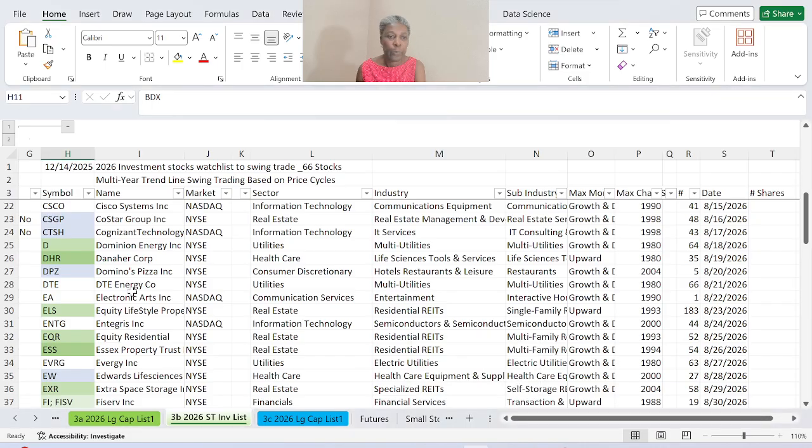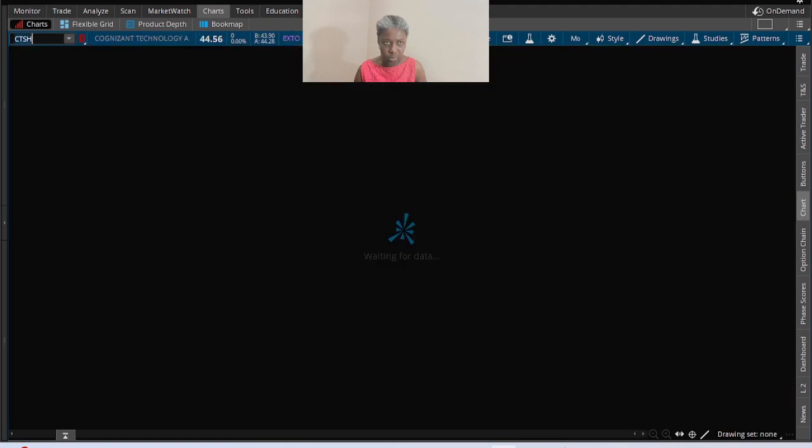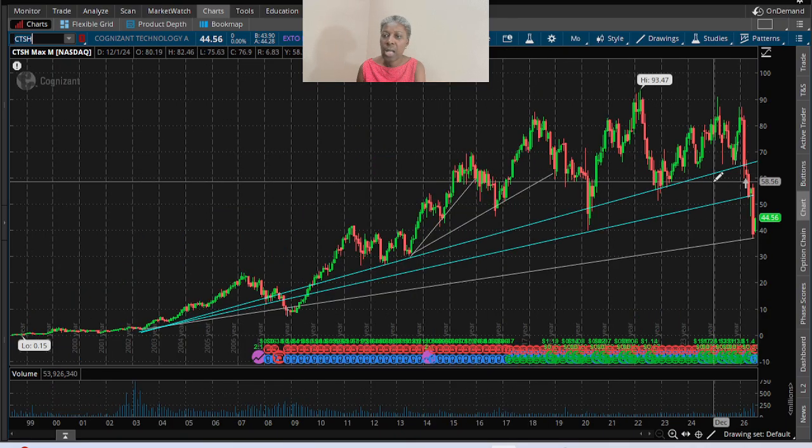The next one is CT, and that is in real estate. So this one is information technology, so CTSH. CTSH. This one I purchased as well, and then it went down.